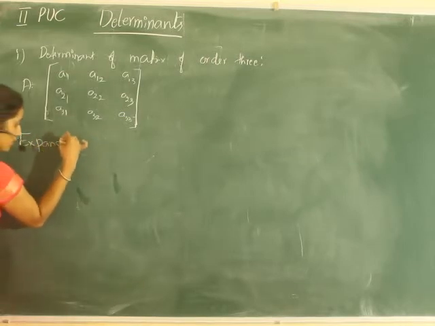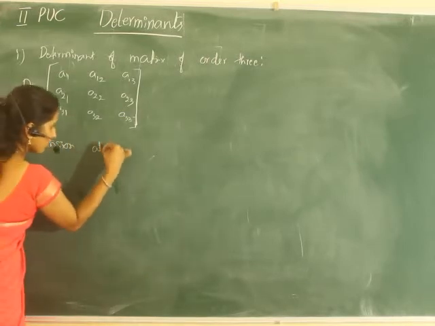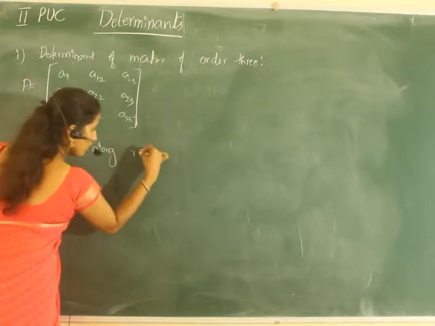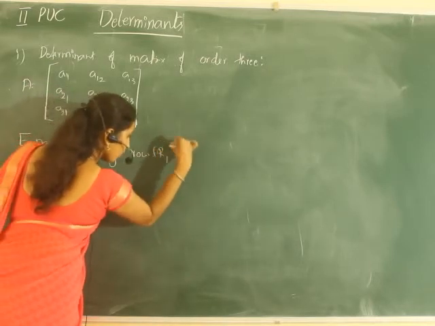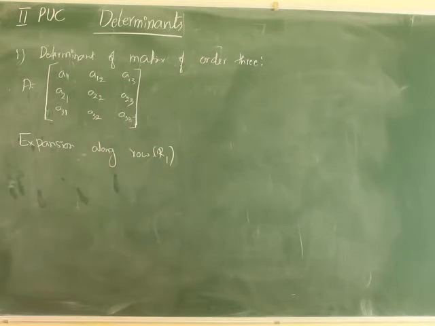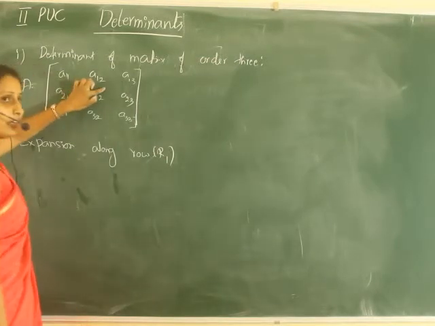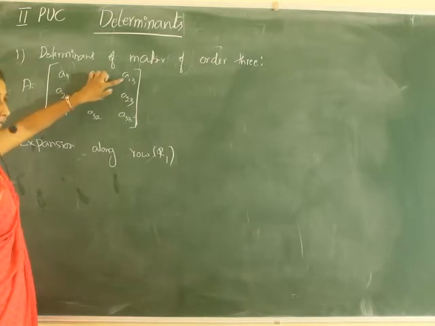Expansion along row R1. So how can we expand? R1 is A11, A12, A13.